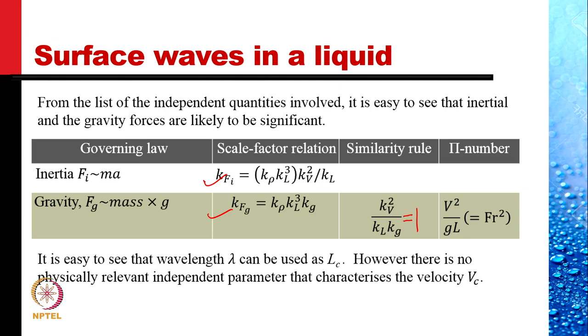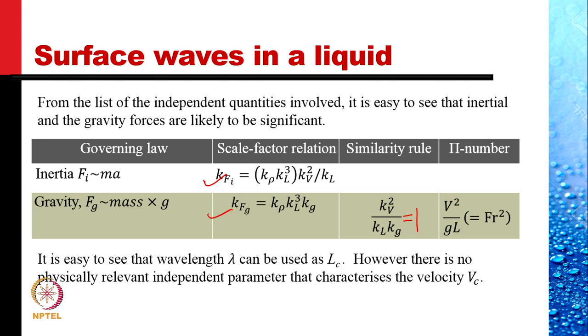It is easy to see that wavelength lambda can be used as Lc. However, there is no physically relevant independent parameter that characterizes the velocity Vc. So life is simple.